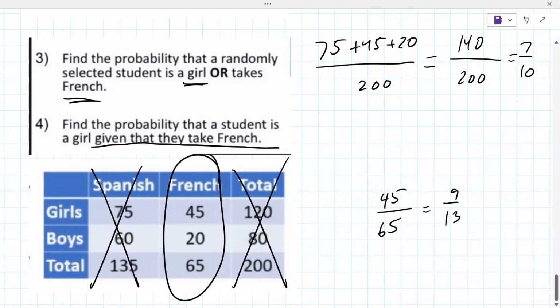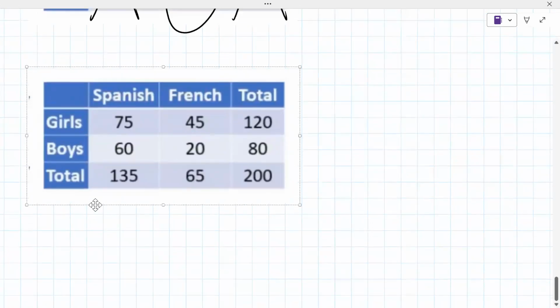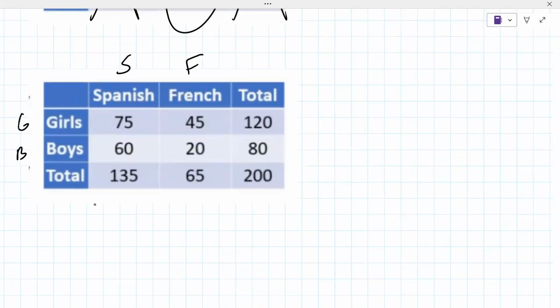Okay, so let's look at a few more of these ors and ands. We really got to dial this in here. I'm going to reuse this one, using S, F, V, and B. We want the probability of Spanish and girls. Is that a single cell or adding up cells?